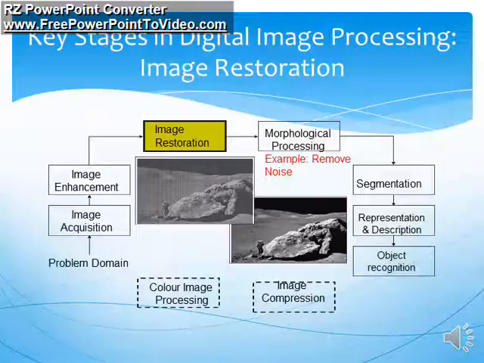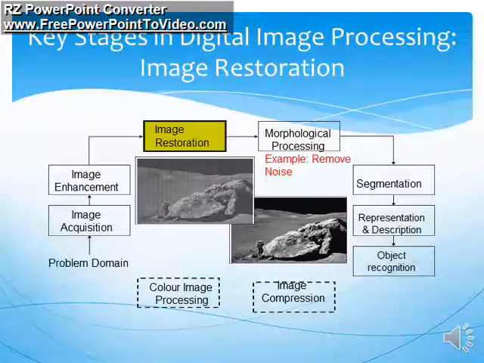Image restoration is not used to upgrade or enhance the quality of the image, but to recover that particular image which was distorted or destroyed. So image restoration means the image is being restored or retrieved from the degraded one. So image restoration is not the same as the image enhancement process.